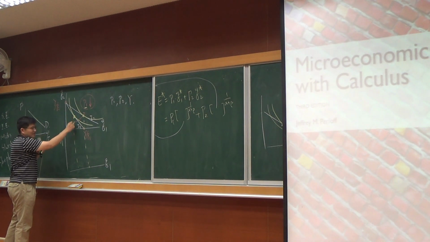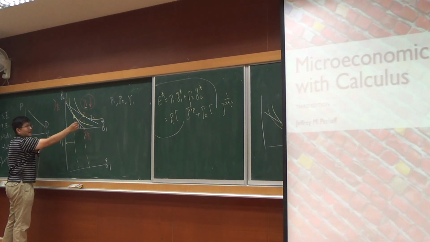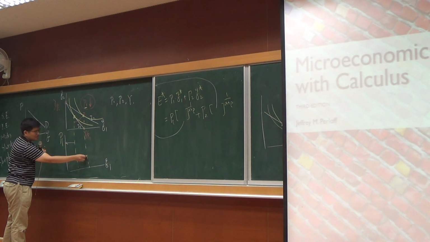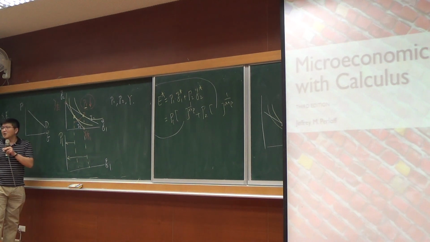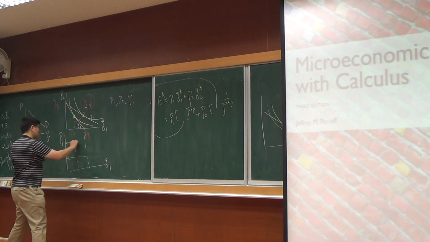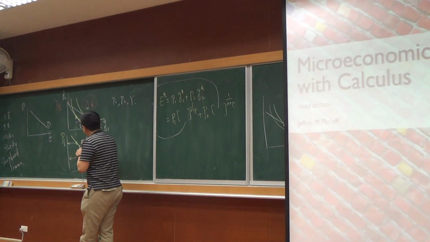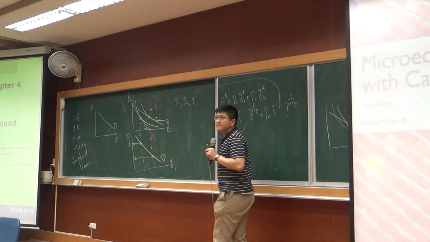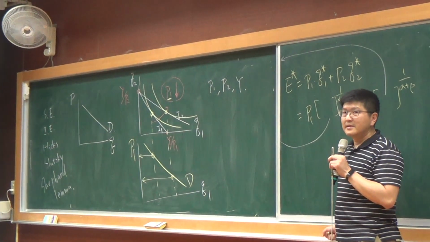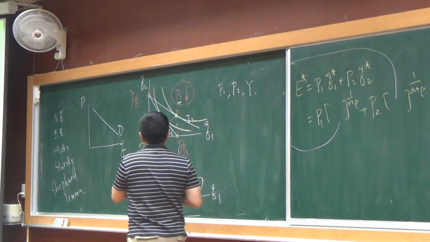So this Q1 corresponds to a higher P1, and this Q1 corresponds to a lower P1. Is that right? So you connect these two points, you have the demand. Is that clear?